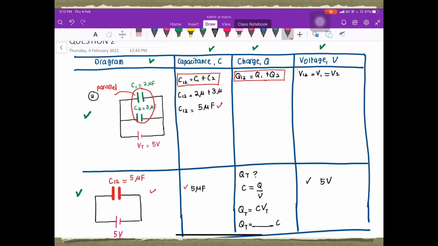And for the voltage in a parallel combination, V12 equals V1 equals V2. So actually V12 equals V total, so V1 equals V2 equals 5 volt. Can we determine V1? Yes, because they are equal.